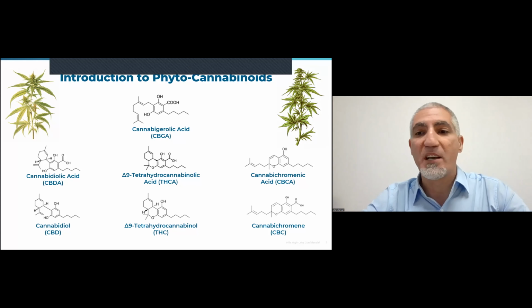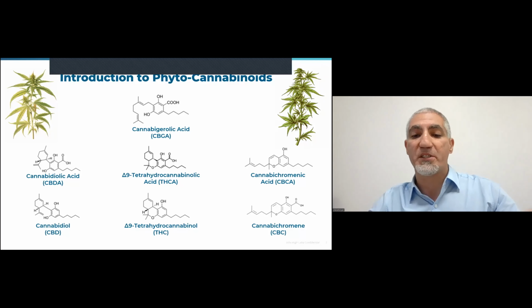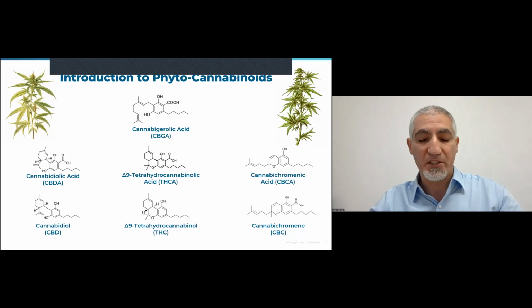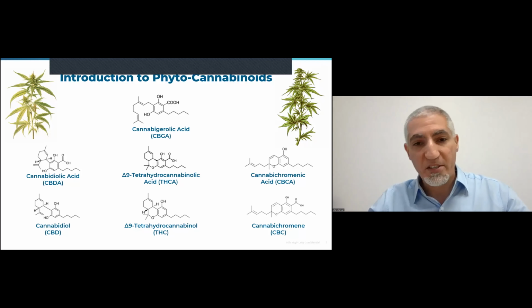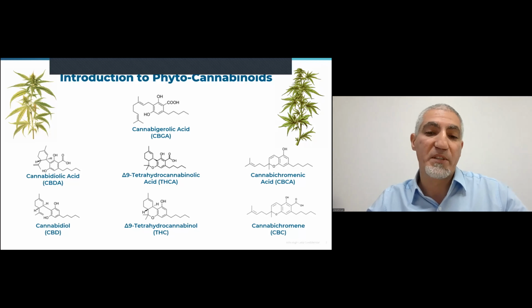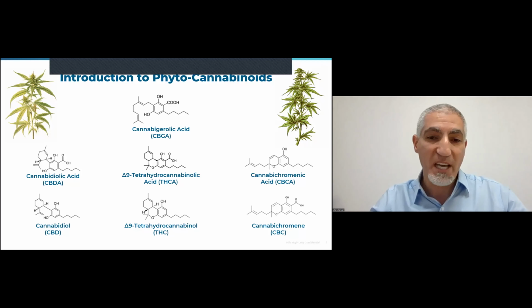Those enzymes are what determine the strain of the cannabis. A sativa strain contains more delta-9 THCA than CBDA, and an indica strain is vice versa, containing more CBDA than delta-9 THCA. Then there are hybrid strains that contain maybe a 1-to-1 ratio or other different ratios.